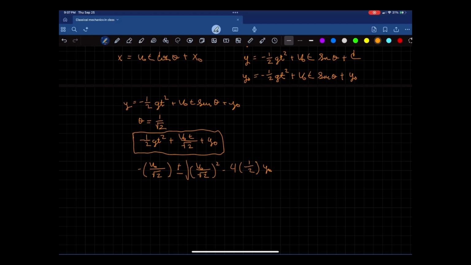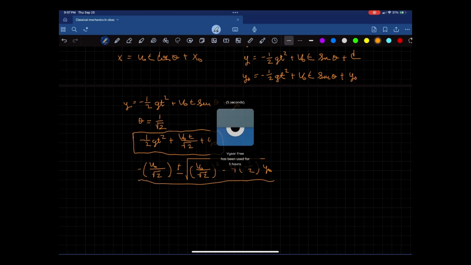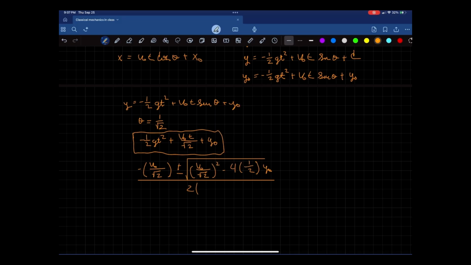And this all goes inside the square root. And then all divided by 2 times minus 1/2 g. And that pretty much solves for our equation of time.